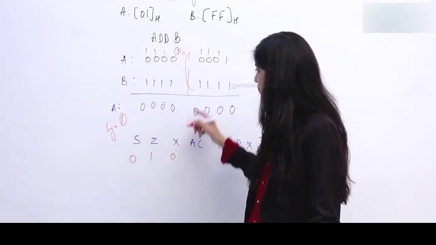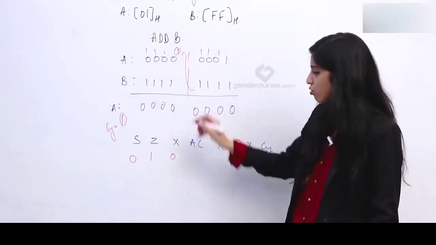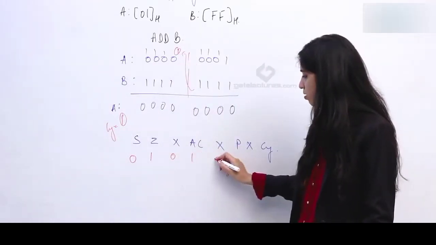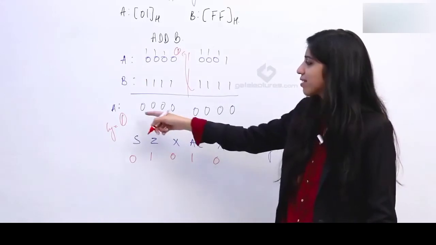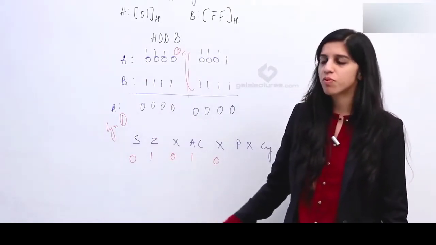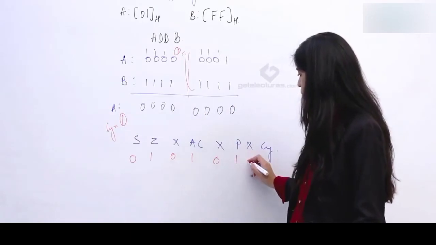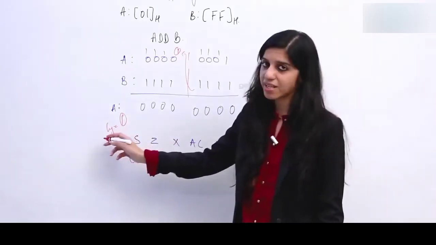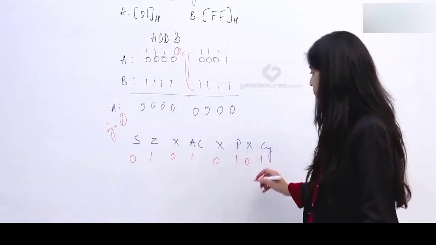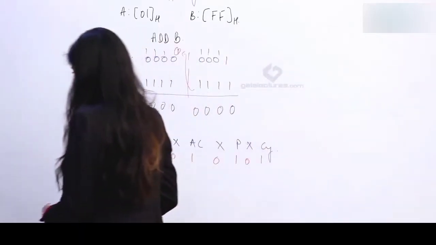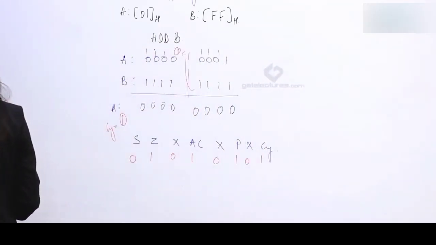This is don't care. Auxiliary carry was present, so we are going to make this 1. This is 0. Parity, see, there are 0 ones, or we can say an even number of ones present in the result, so this is even parity. This is going to be 1, 0, and since a carry has occurred, this is going to be 1. So as you read this number, just read what it is.